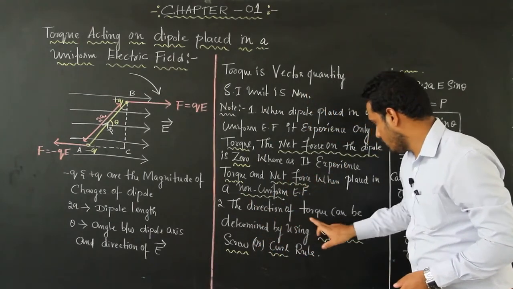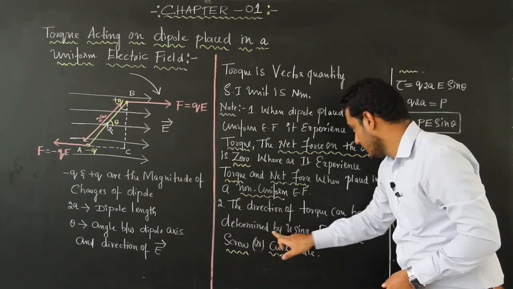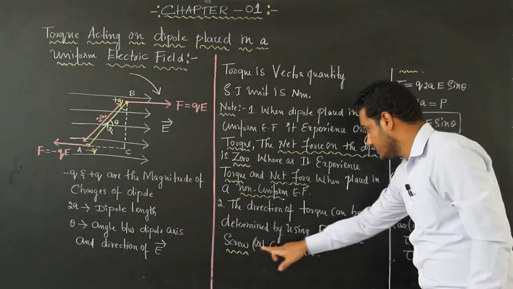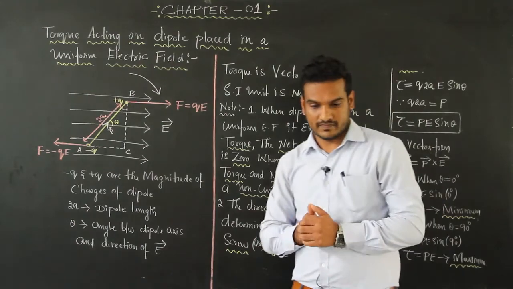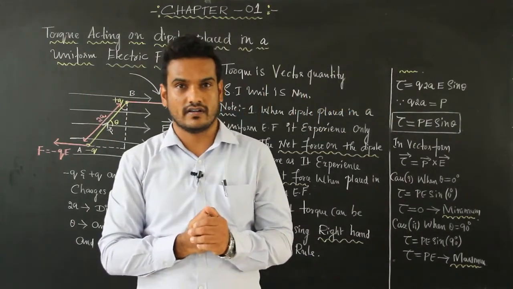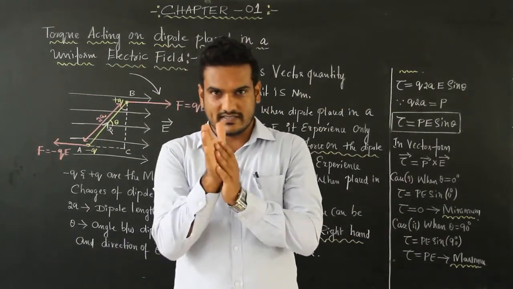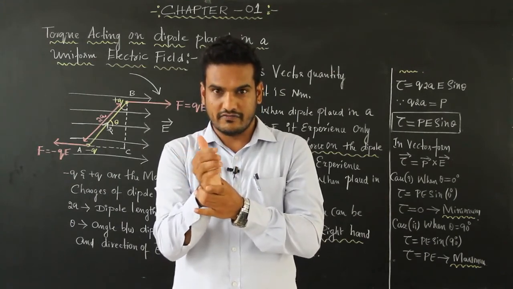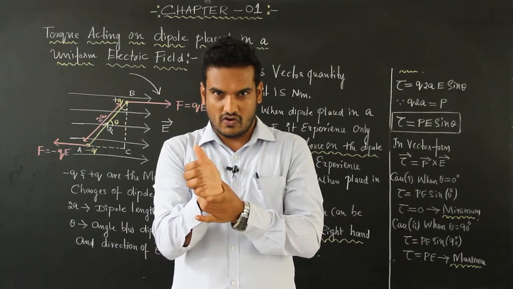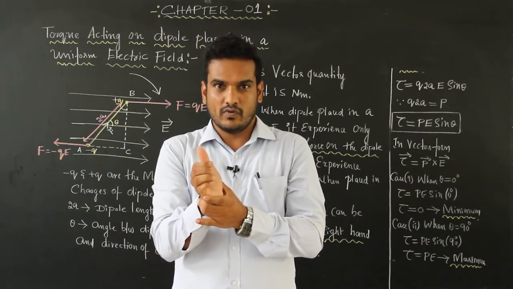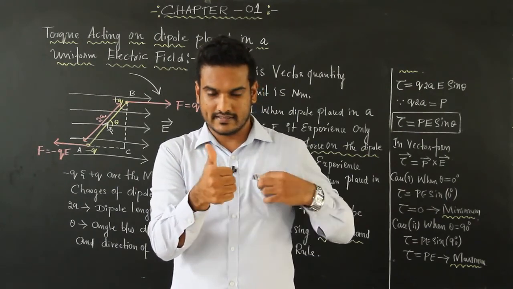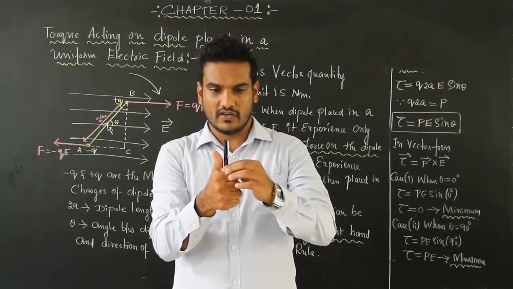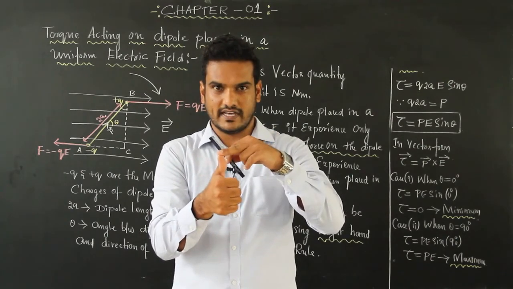Look at the second point. The direction of torque can be determined by using the right hand screw or curl rule. So how can we understand the direction of torque? For example, just consider this as a dipole. The dipole is rotating like this. The curled fingers indicate the direction of rotation of the dipole. If the dipole is rotating like this, then the direction of torque will be like this. The thumb indicates the direction of torque.